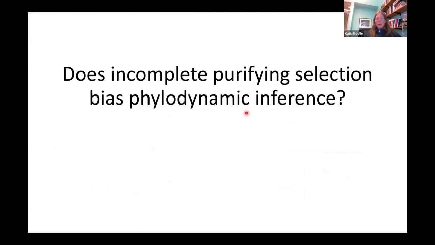Okay, so at this point we were thinking, let's ask whether incomplete purifying selection biases phylogenetic inference. These phylogenetic inference methods, like birth-death models and coalescent models, have been used over and over again to estimate exponential growth rates, R naught, et cetera. So are those results biased at all?